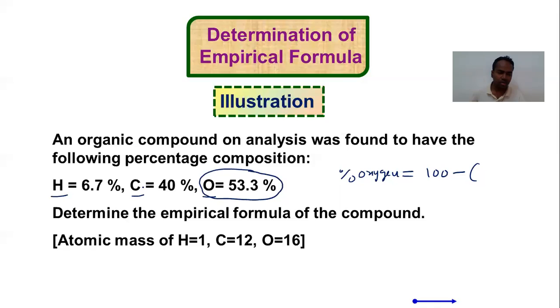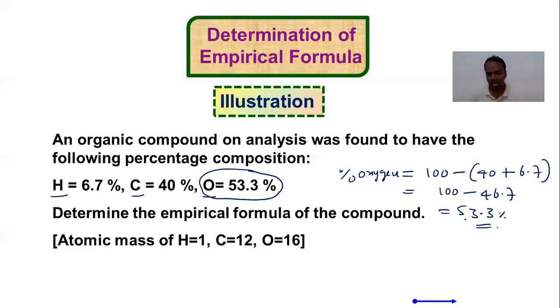Here carbon is 40% and hydrogen is 6.7%. So this is 100 minus 46.7, which is approximately 53.3%. So this is the way to find the percentage oxygen in cases where they won't give it.